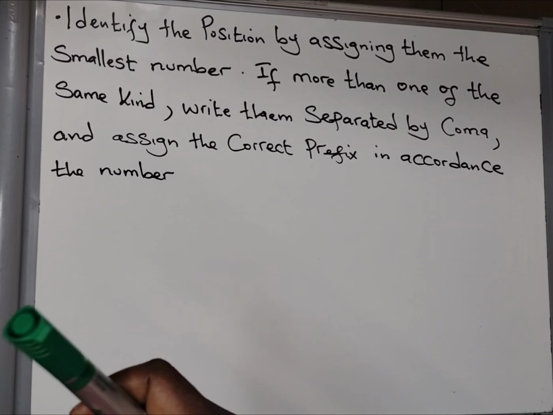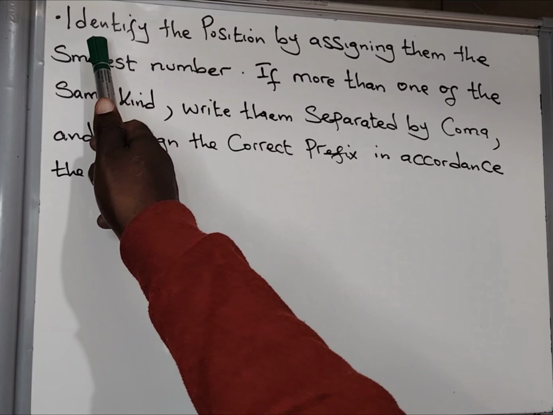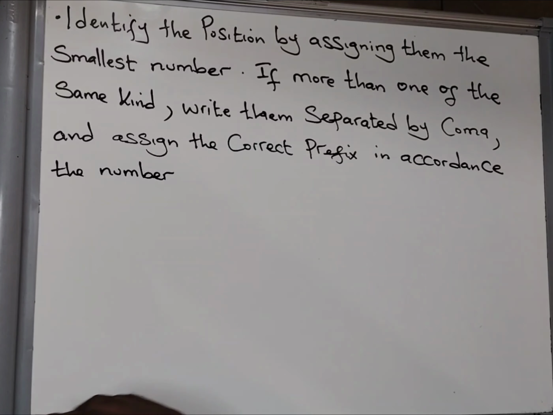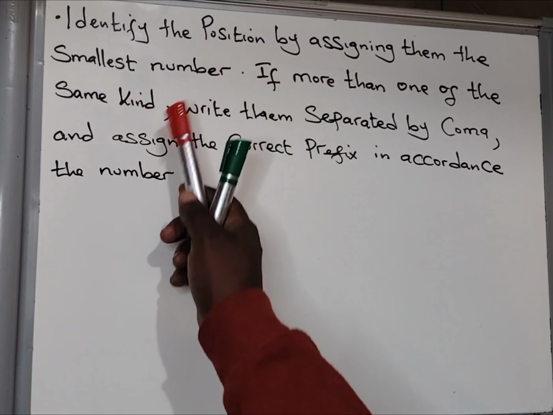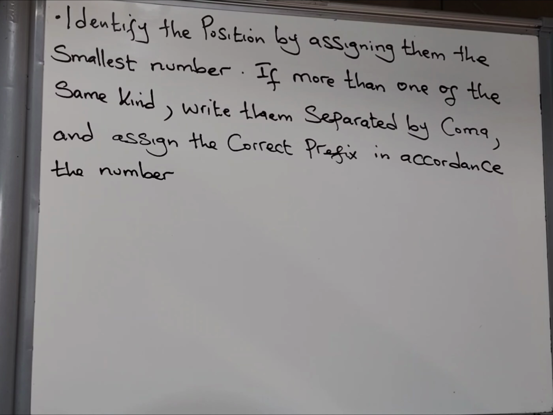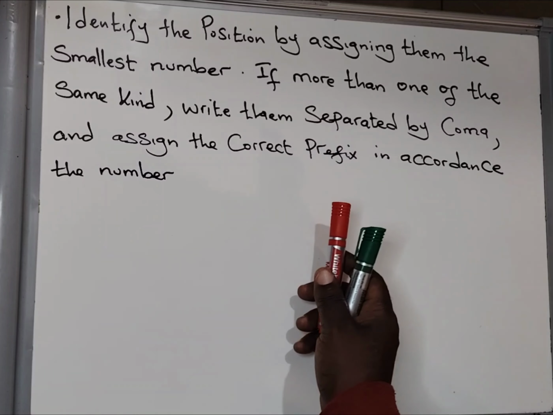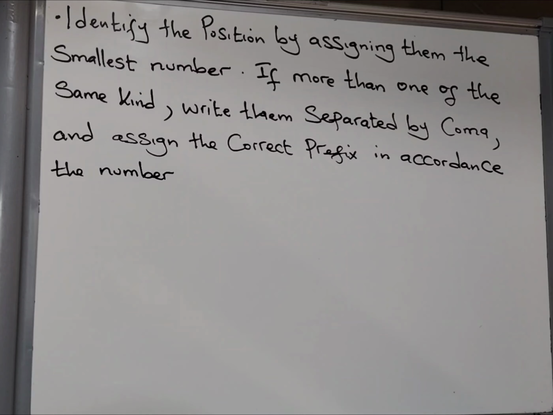We are still continuing, and this statement says to identify the position of the branches by assigning them the smallest number. If there is more than one of the same kind, write them separated by commas and assign the correct prefix in accordance to the number.